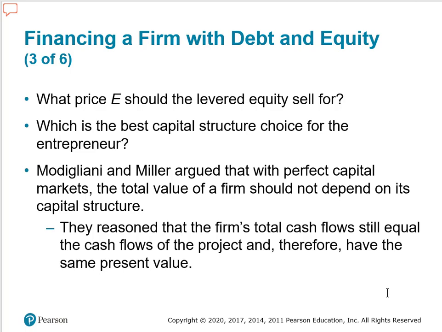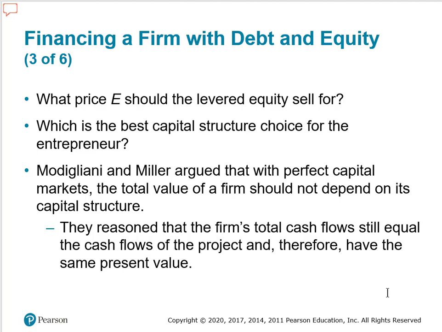According to Modigliani and Miller, the total value of the firm doesn't depend on capital structure. The cash flows of the company still reflect the equal cash flows of the project, so there's no change in value for the firm.